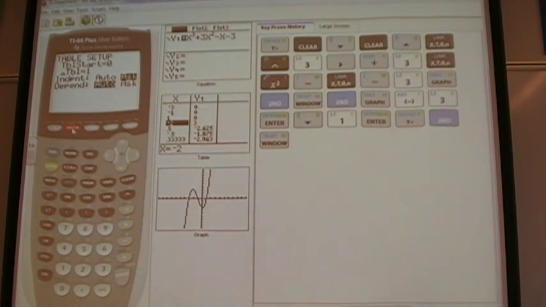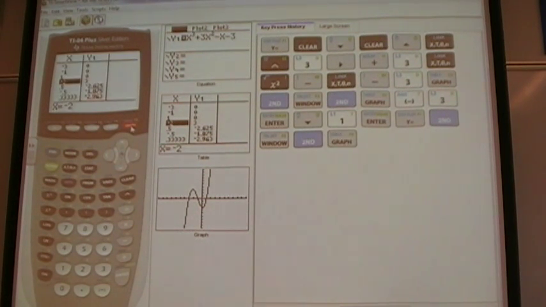Does it matter what the other numbers are? What the table start is? Nothing else matters except the independent variable. So it doesn't need to be 0. Then go to second graph, and some of your tables might be blank right now.